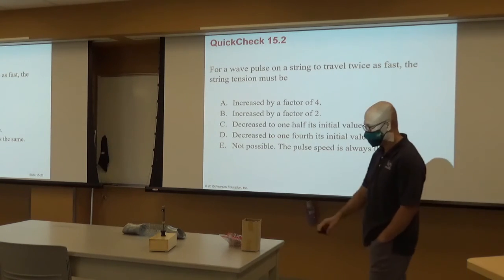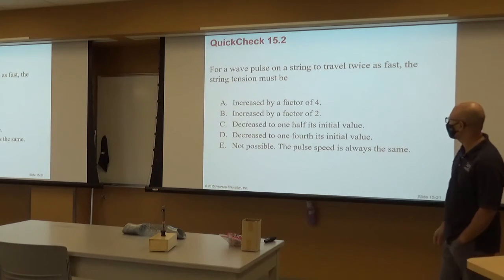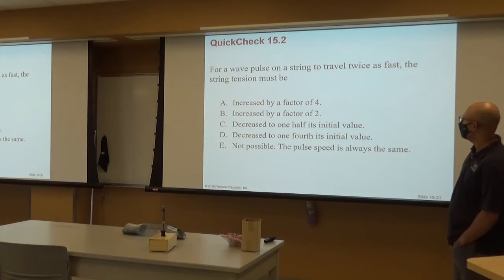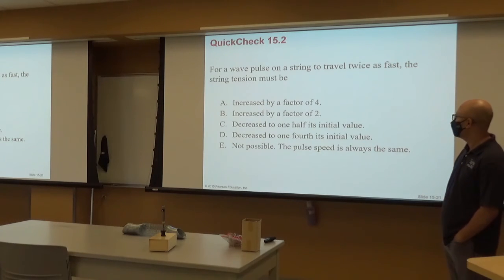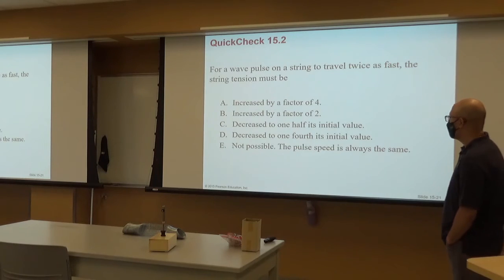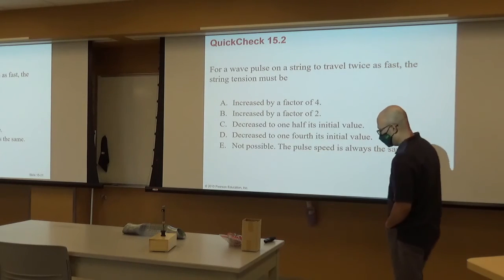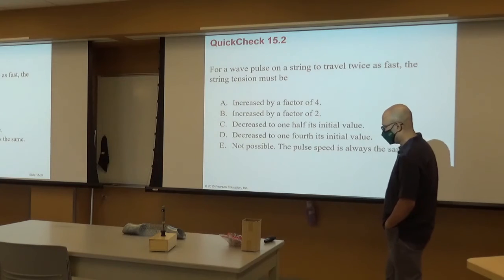Okay, let's look at one more. You have a medium where the speed is v. Now if you want to make the speed twice as fast, what do you need to do?